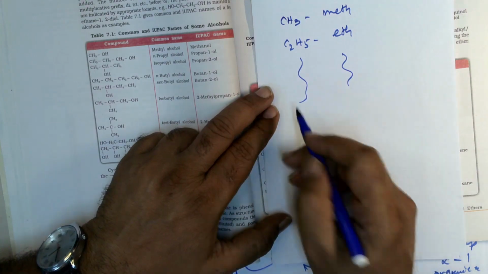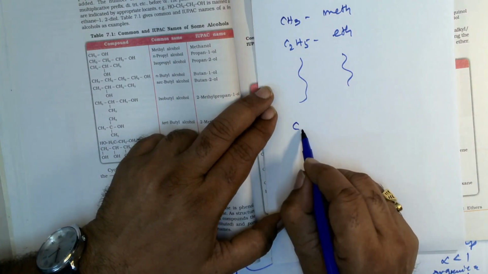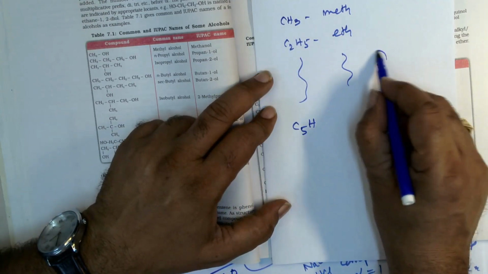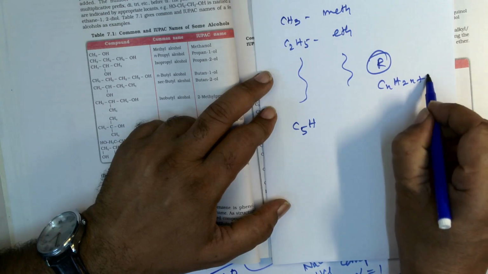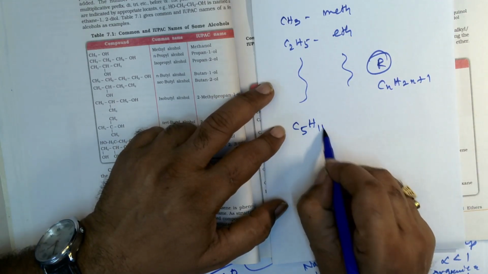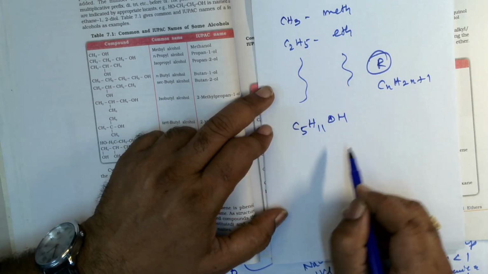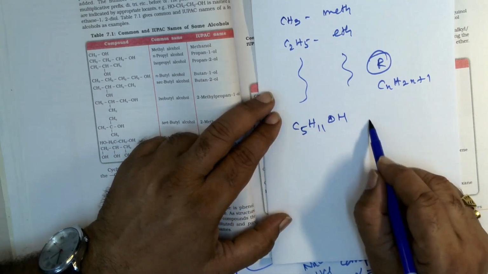Now let us have C5. What is the formula for the alkyl group? CnH2n+1. So if it is C5, it is C5H11, and then OH. So this is nothing but penta, so pentyl alcohol, so pentanol.